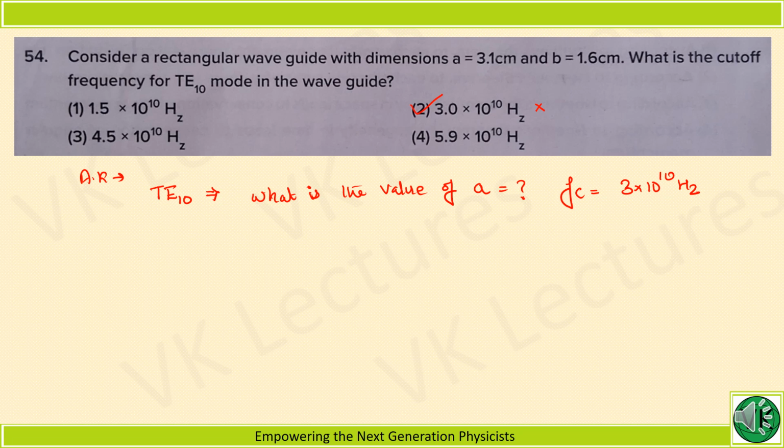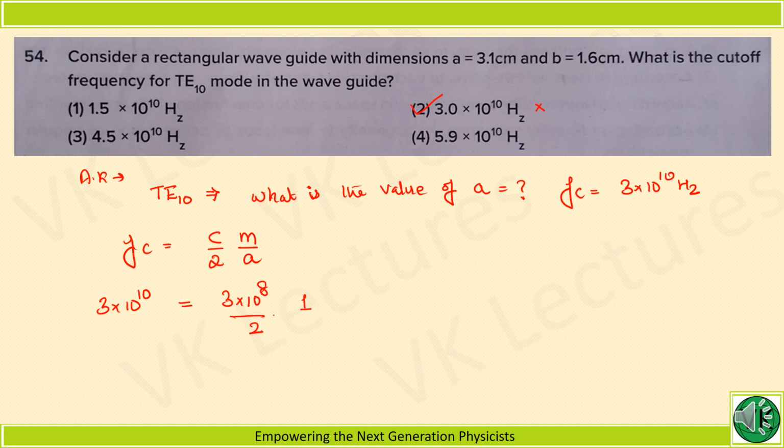So we know Fc is equal to, since it is TE10 mode, c by 2 into m by a. This should be equal to 3 into 10 to the power 10. So 3 into 10 to the power 10 equals c, which is 3 into 10 to the power 8, divided by 2, m value is 1, and a value, this is what we need.